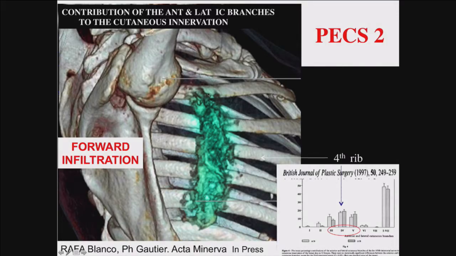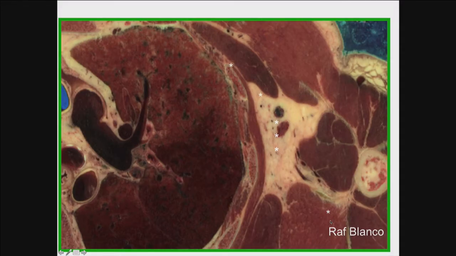That's why we suggest doing a forward infiltration that can be done from cephalad to caudal or from caudal to cephalad. So, while doing that, you have the 1st intercostal, 2nd, 3rd, 4th, 5th, 6th. This is exactly what we are looking for.